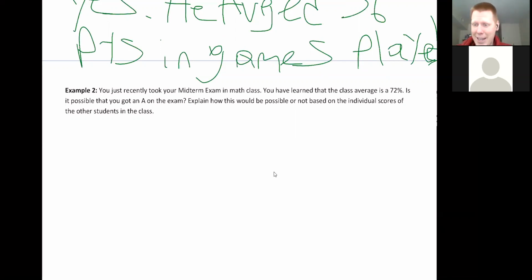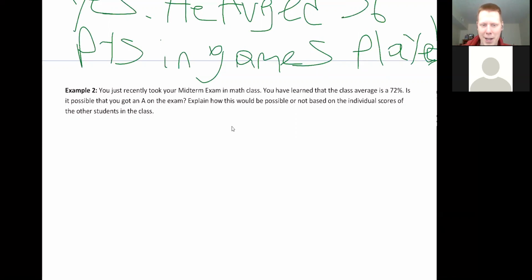So one thing to keep in mind is that an average really doesn't tell you about anyone individually in the class. It might give you some insight if the class average is like a 20%. That probably means if I was picking out a random student, they probably didn't do too well. But even if the average was 20%, someone could have got an A and the rest of the class could have failed.